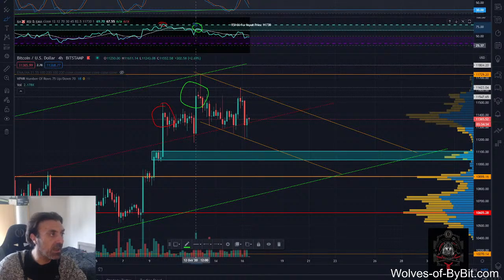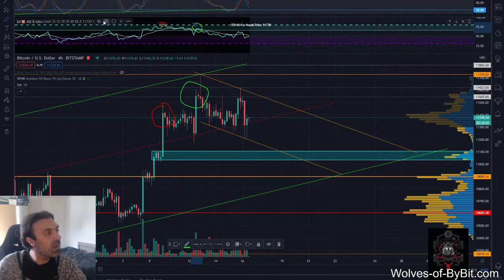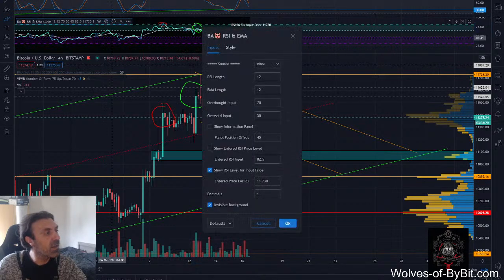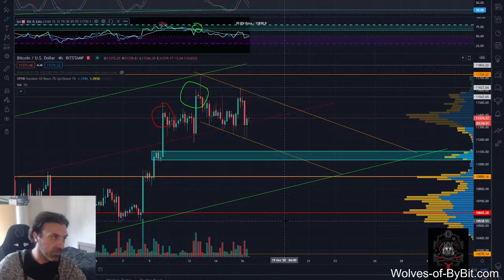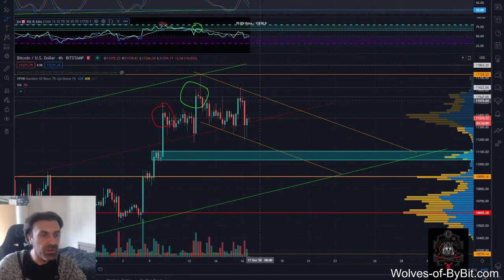Now this high has an RSI of 69.7. Let's call it 70. Okay, to form a higher high compared to this one, we would need to see a price of 11,830.